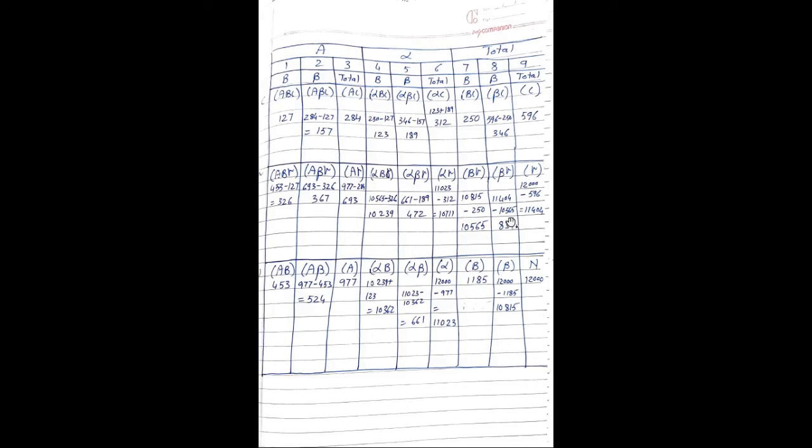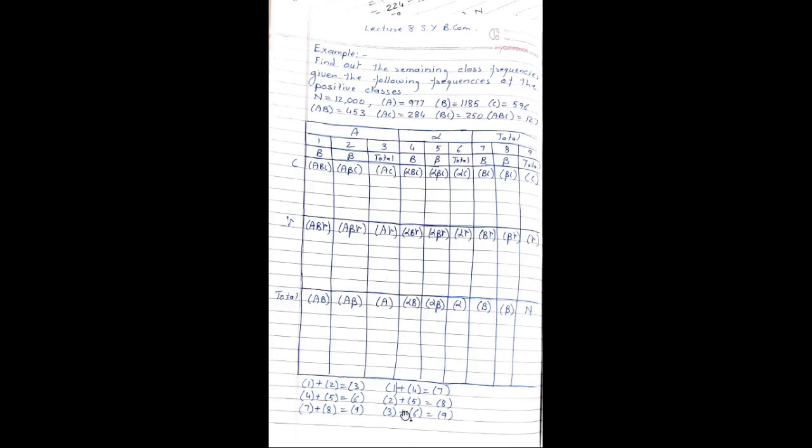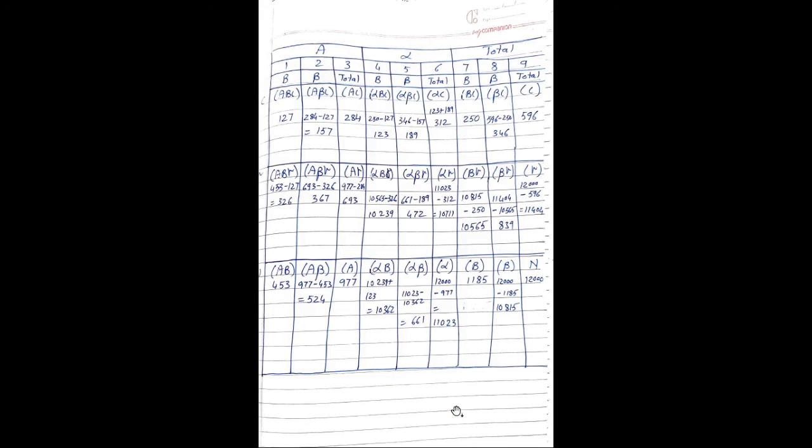So from where we are getting this value? 3 plus 6 is equal to 9. Plus 5 is equal to 8. So second column, fifth column is equal to 8.